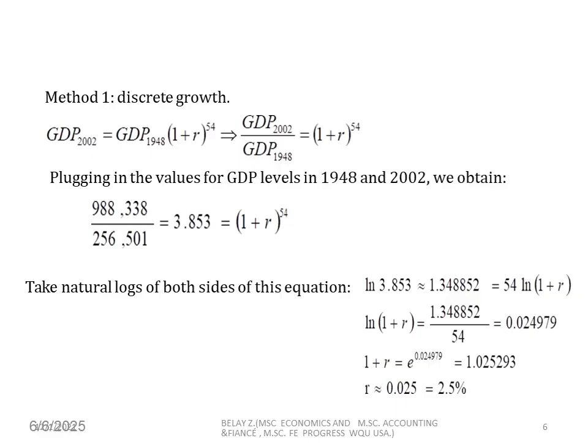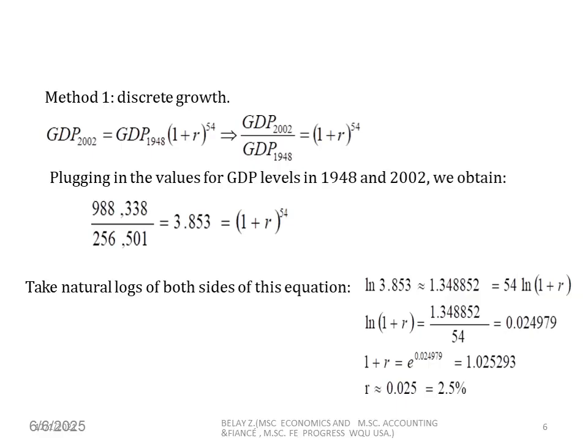Then ln of 1 plus r is equal to 1.3485 over 54. We make the division and it becomes 0.024974. Then 1 plus r is equal to e to the power of 0.024974, which is 1.025. Then r is equal to 0.025 or 2.5%.